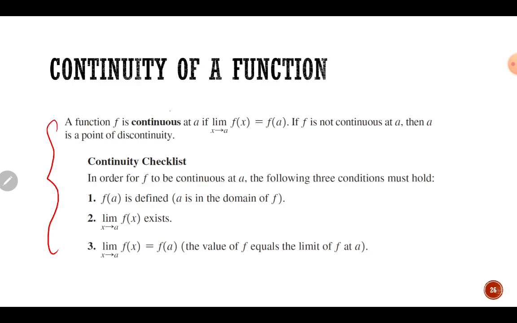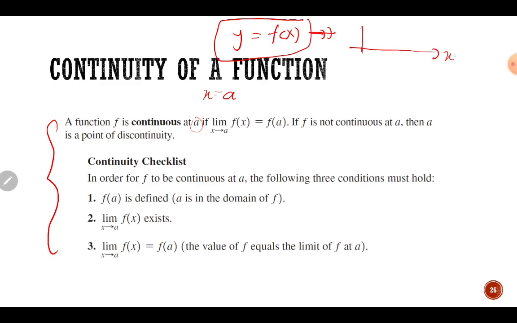Okay, so by definition, a function f is continuous at a. At a ni maksudnya at x equals to a. Kita tahu kan, function we have f(x), okay, y equals to f(x) kan. Ni adalah function kita, dan function ni sebenarnya adalah graph kan.